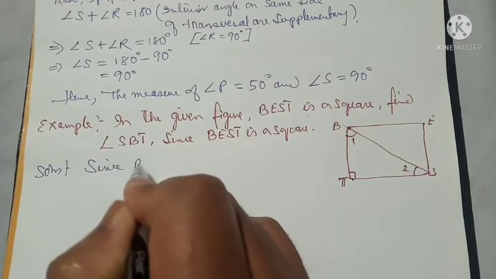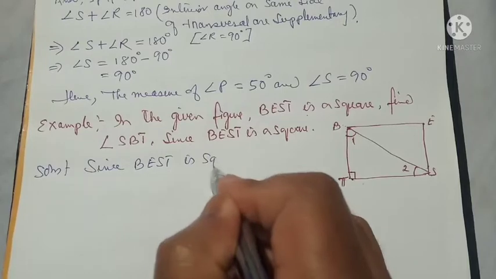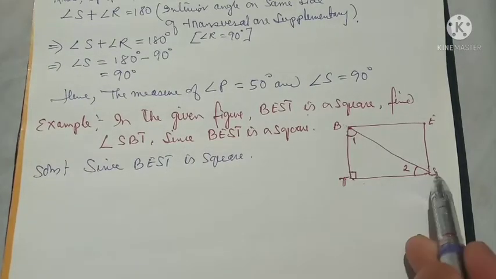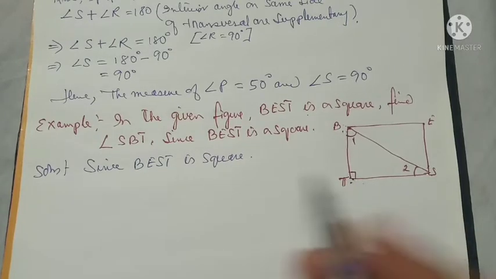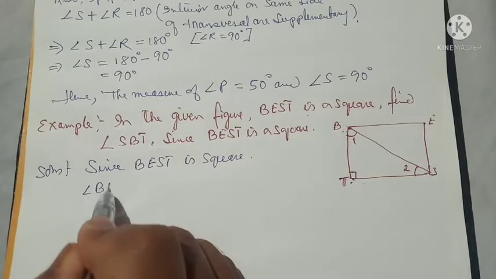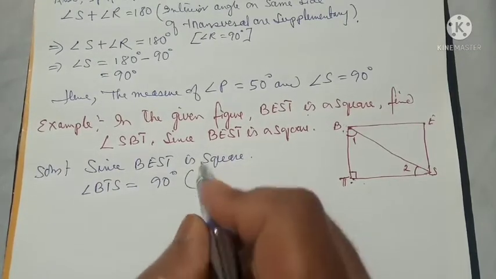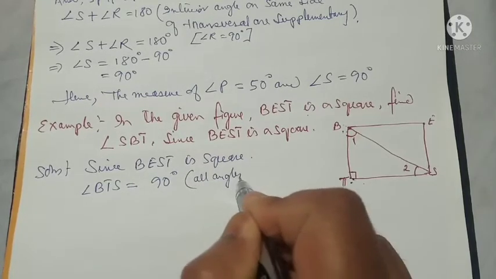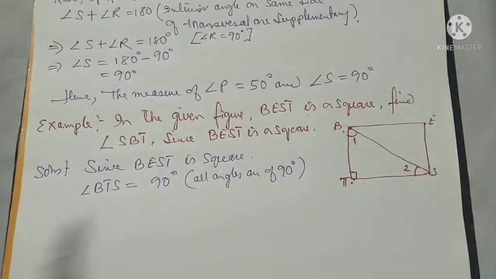Since BEST is a square, so angle BTS is a right angle. Angle BTS is equal to 90 degree because all angles are of 90 degree in the square. Understand? You have to think this.